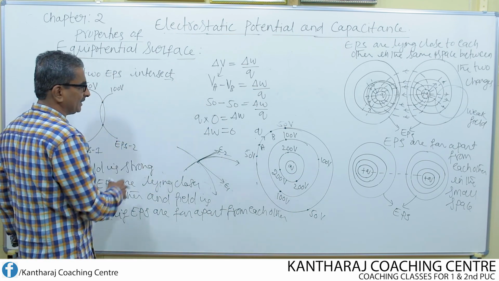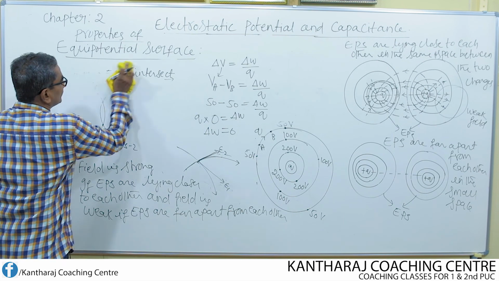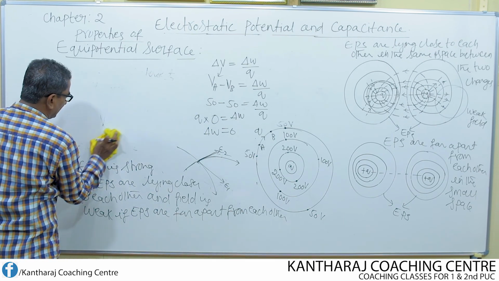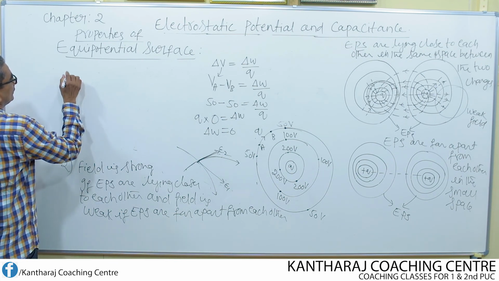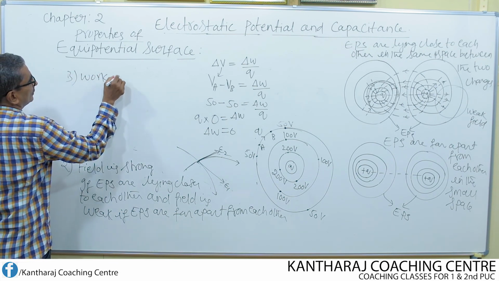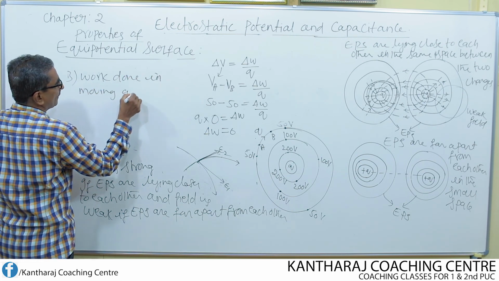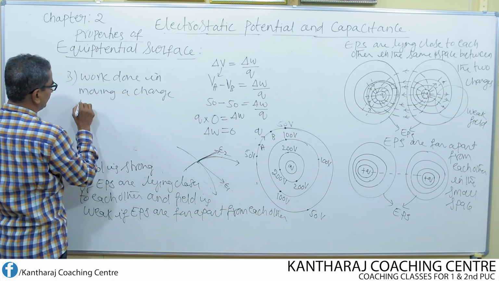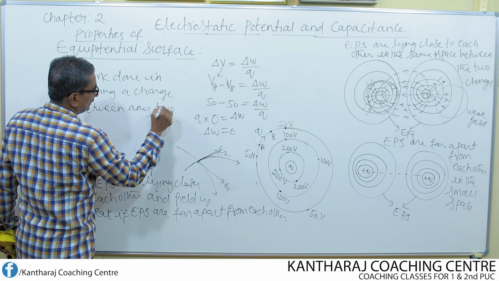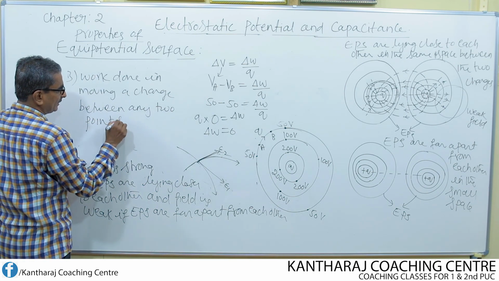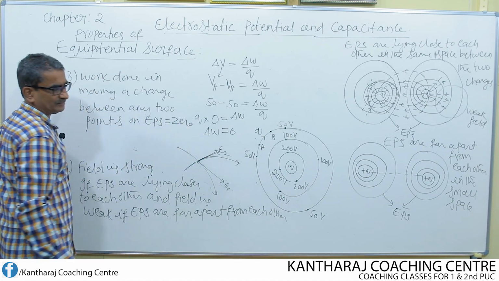This is another property. So let us write that third property here. Work done in moving a charge between any 2 points on an equipotential surface is always equal to 0.